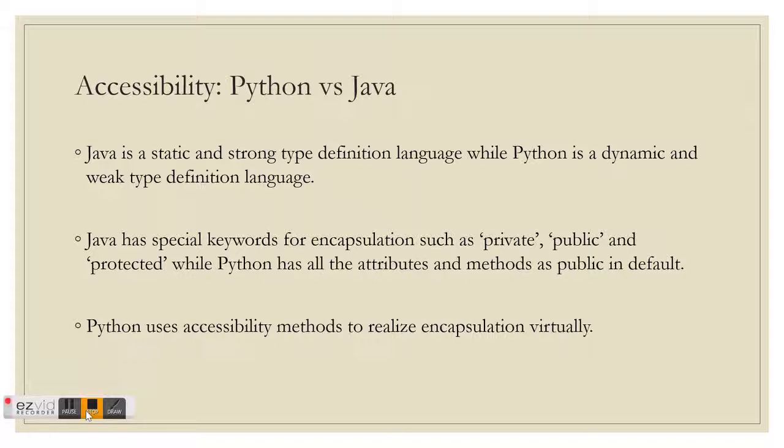So Python has to use accessibility methods to realize encapsulation virtually, because we can't hide them completely. It changes the name, but we can access that private attribute or method from outside by using that changed name.